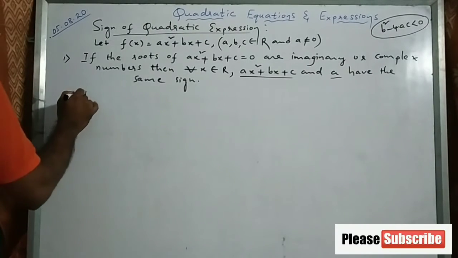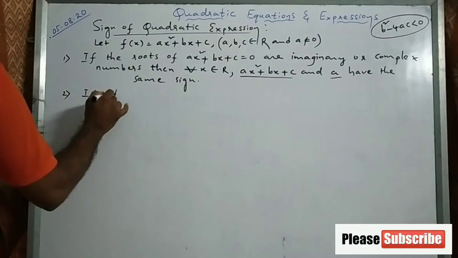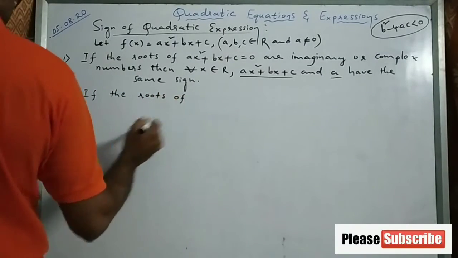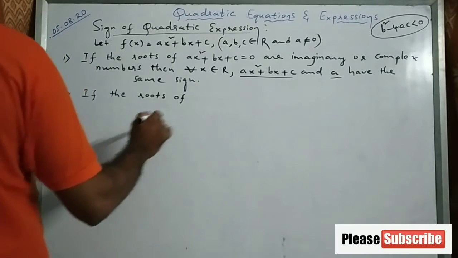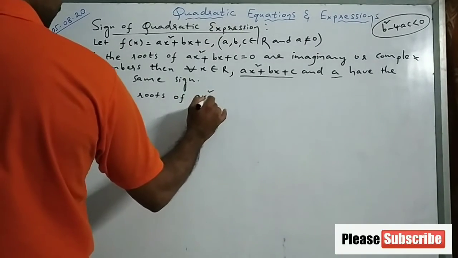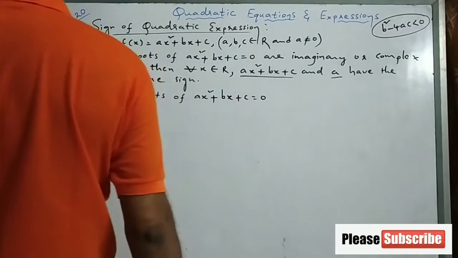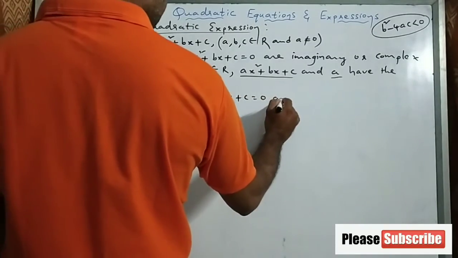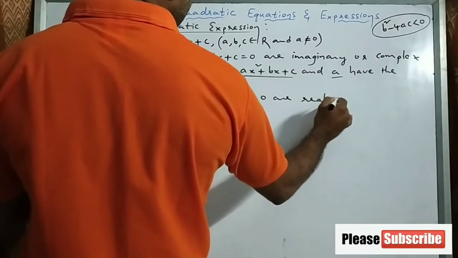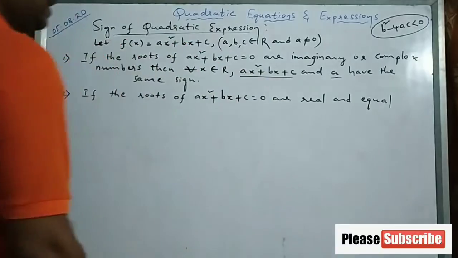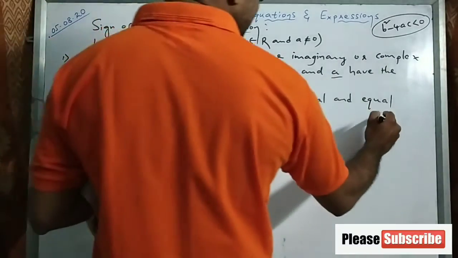Next one, if the roots of ax square plus bx plus c equal to 0 are real and equal. When do we say that roots are real and equal for a quadratic equation?